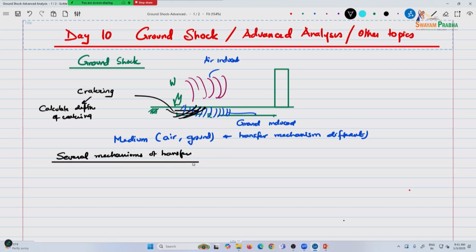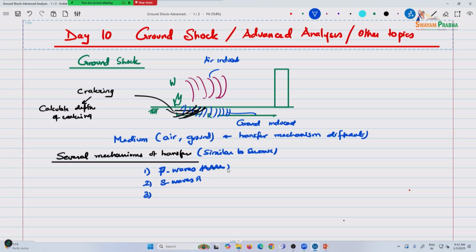Ultimately, we cannot separate them, and we combine all of them, at least for analysis and design purposes, into something observable. But to understand it, one is the P waves, which are similar to seismic. And you have S waves. P waves, as we have seen, are motion this way.